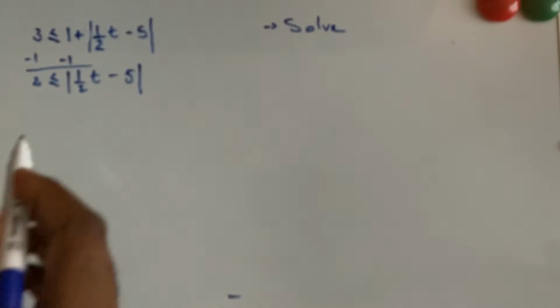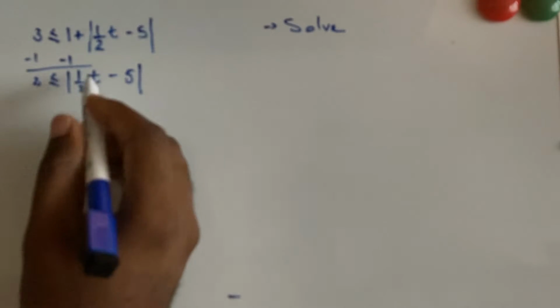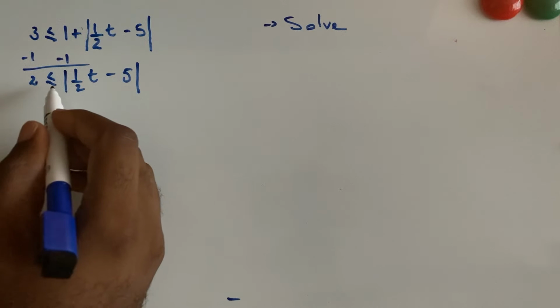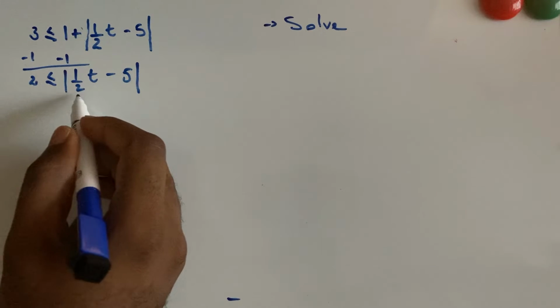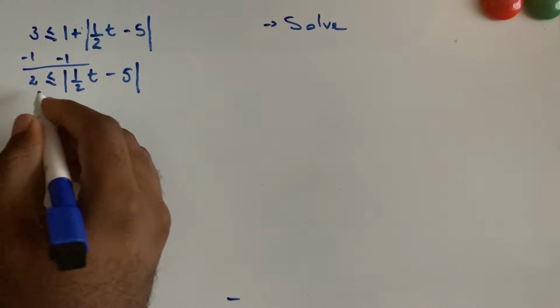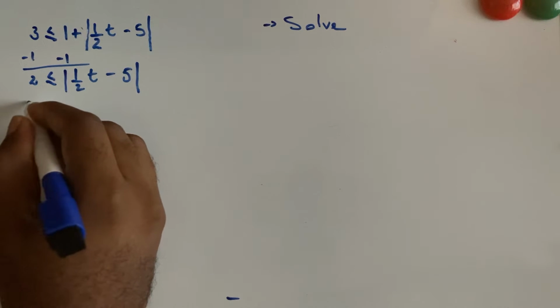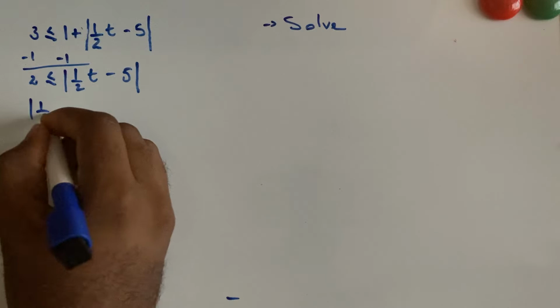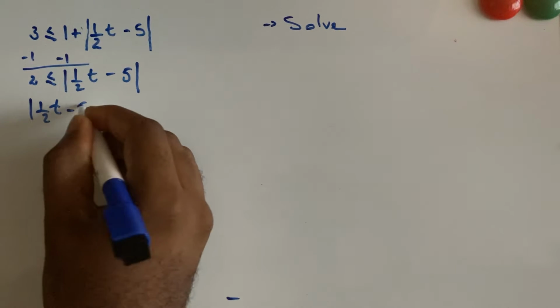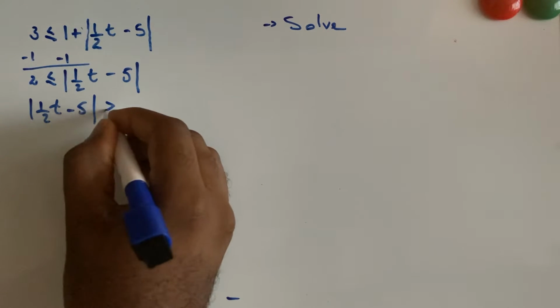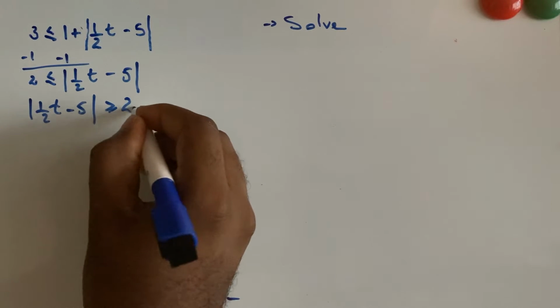Now the other thing to do here, remember I said I need to put the absolute value on the left. So if you have 2 less than the absolute value of this, that means the absolute value is greater than 2. If you flip it, that would be absolute value of 1/2 t minus 5 is greater than or equal to 2.